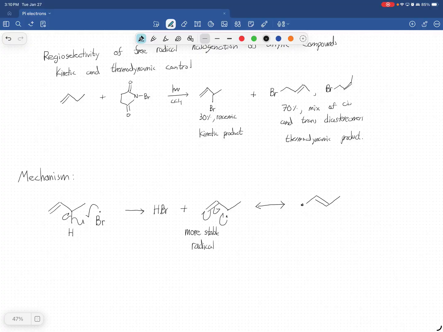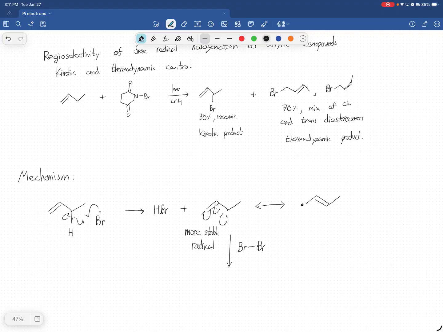So the radical is going to stay at this position in the overall picture. It's going to be a higher percentage at this position. So this is actually going to react the fastest with Br2. Okay. Or, the Br2 here, okay, so Br2 we're going to add.